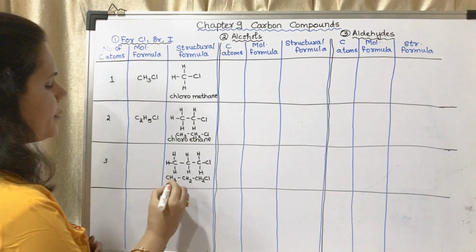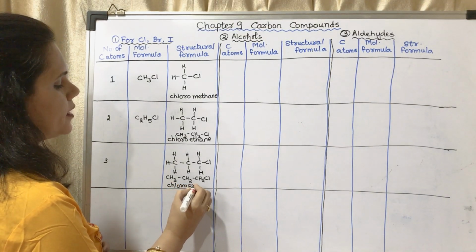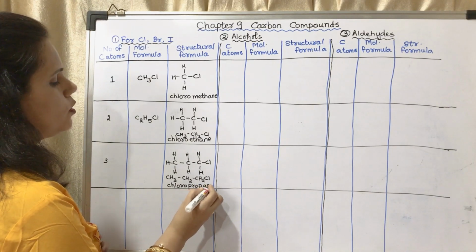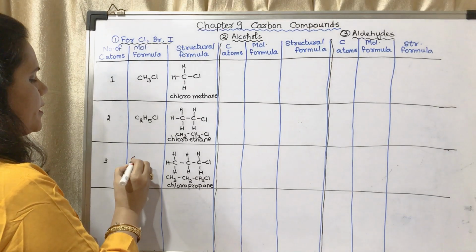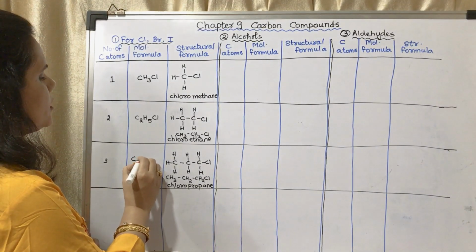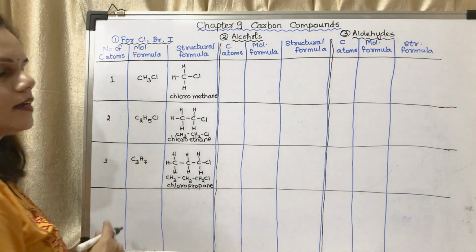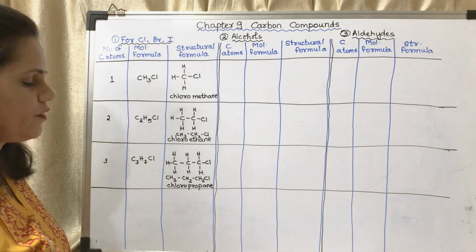What will be its name? Its name will be chloropropane. What will be its molecular formula? It is having 3 carbon atoms. How many hydrogen? 7 hydrogen atoms and 1 Cl. This will be the molecular formula.